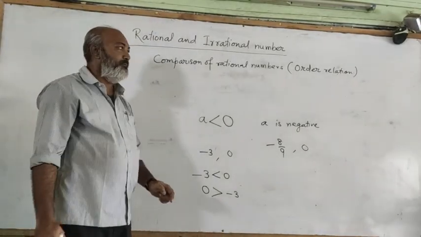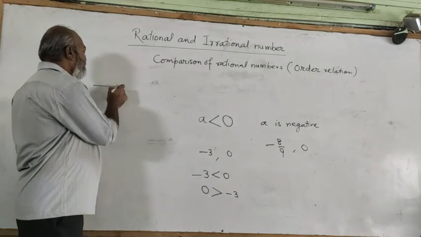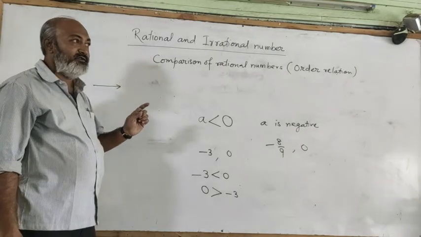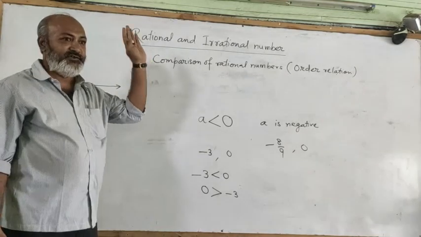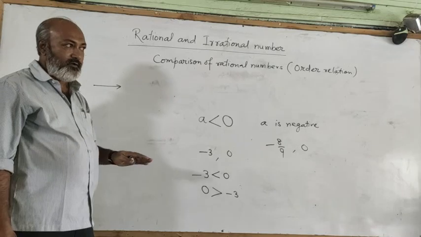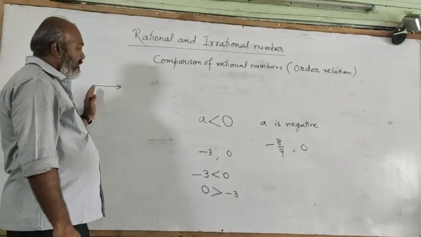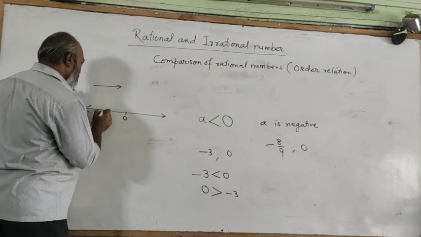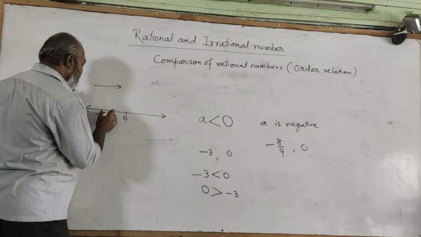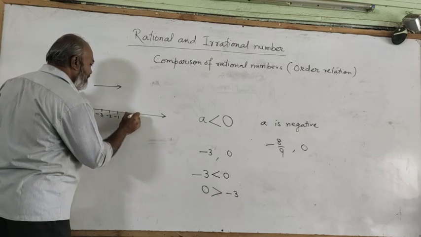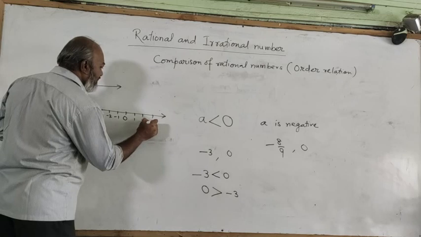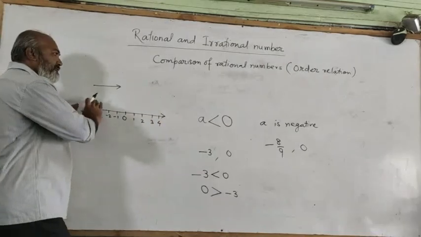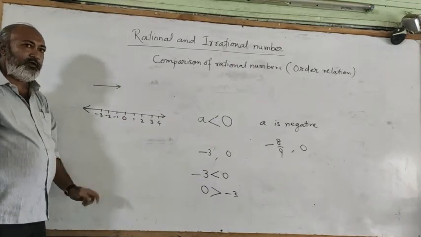There is one rule: while moving left to right, you are on the increase. On the number line, if you see -3, then -2, -1, 1, 2, 3, 4, moving in this way from left to right, you are increasing.